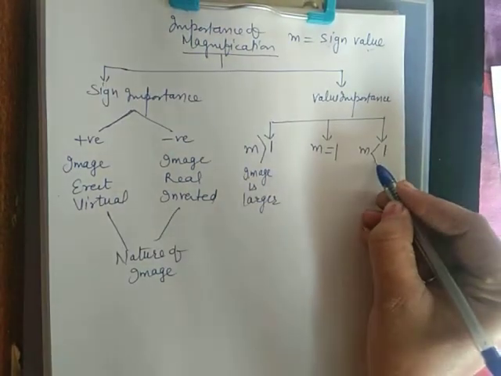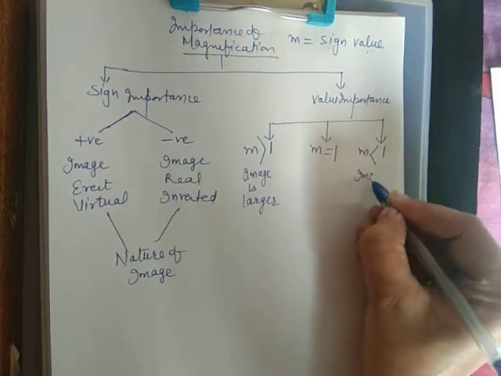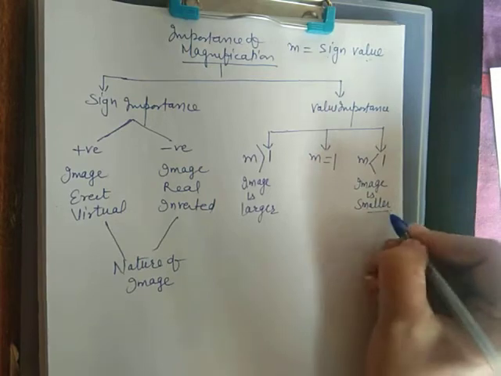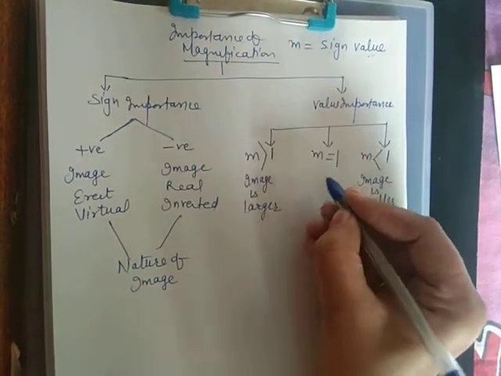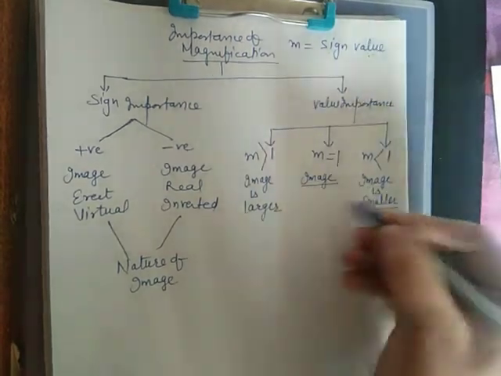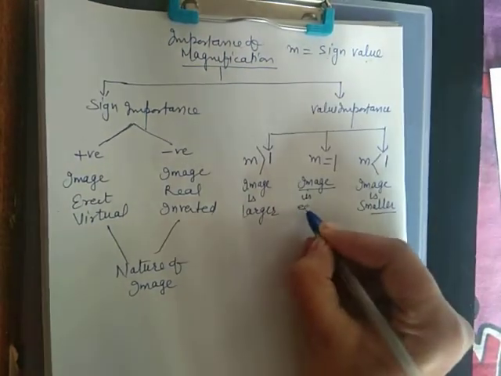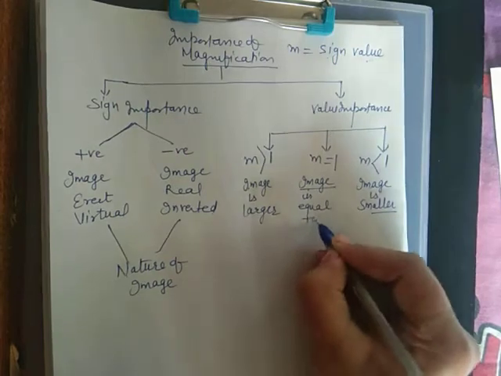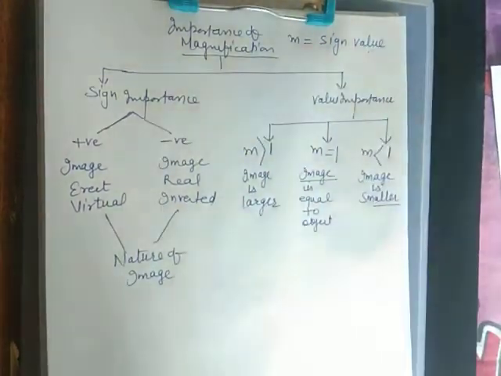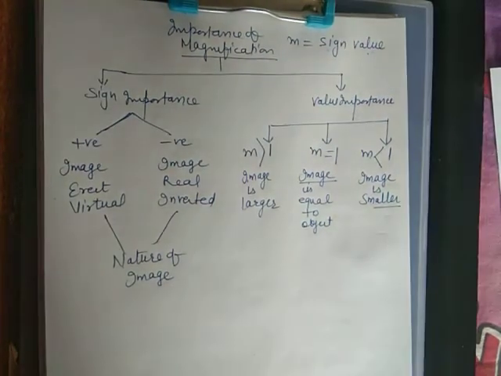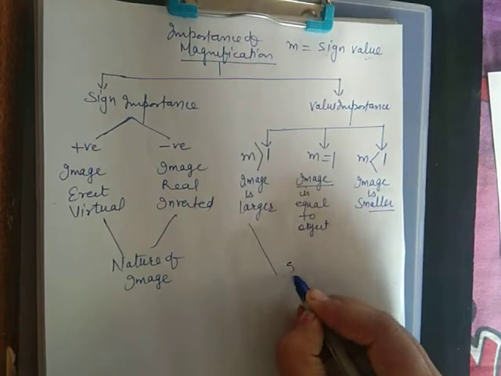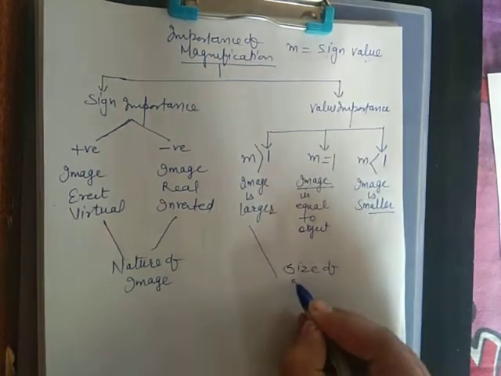If magnification is less than 1, it means image is smaller than that of object. So what will be the meaning of equal to 1? It states that image distance is equal to object distance, and image size is equal to object size. So indirectly it tells us about the size of image.